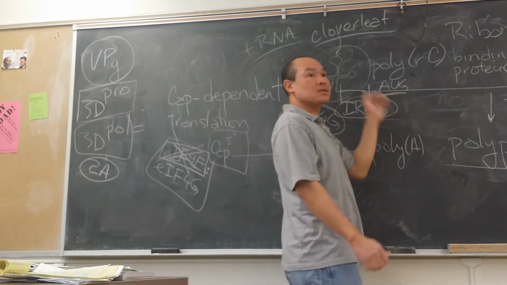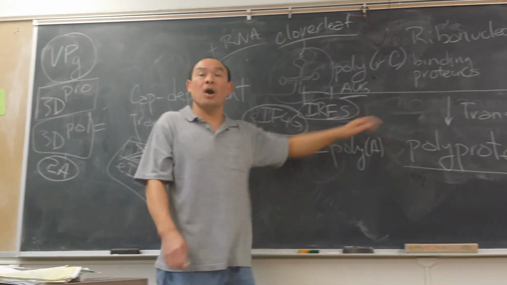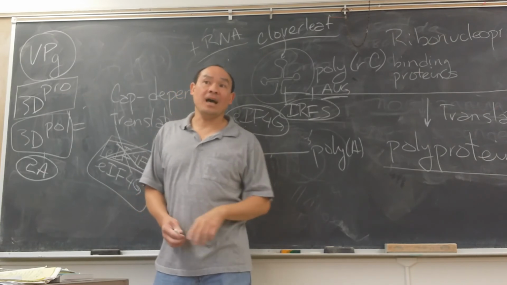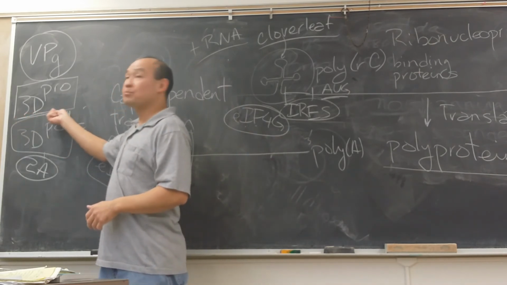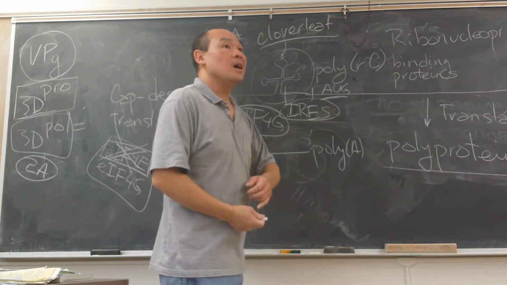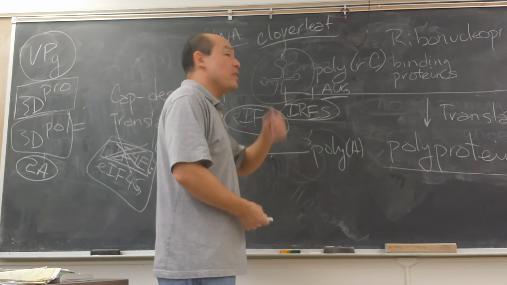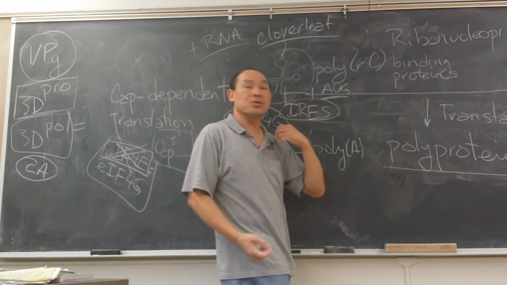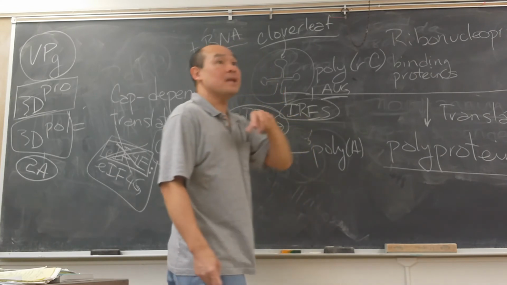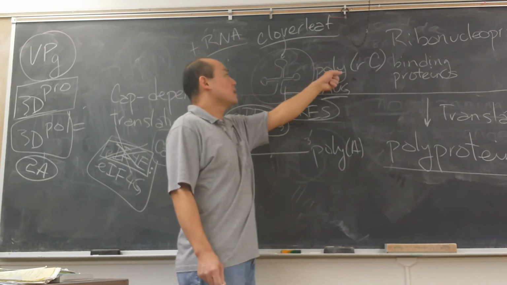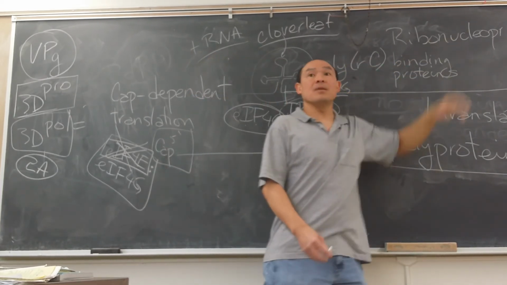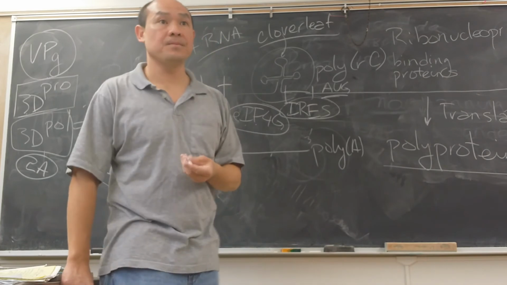So that's more synthesis of the polyprotein occurs, more of these, okay? And then when you have enough proteins and enough of the 3D protease, they not only modify the polyprotein, but will start to digest the poly-RC as well as some of the ribonucleoprotein.